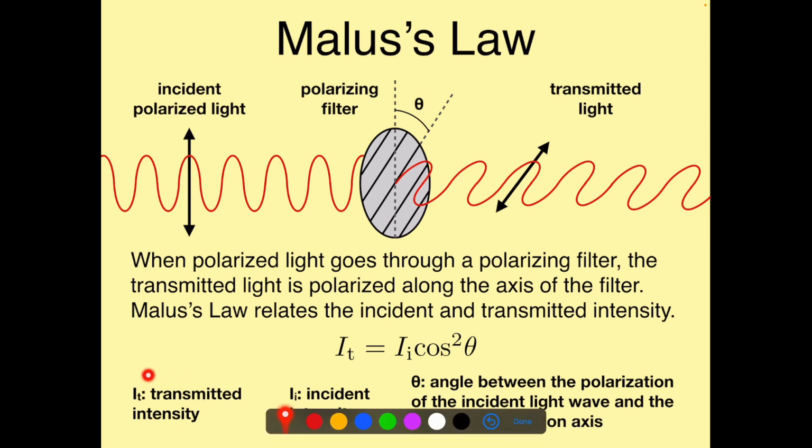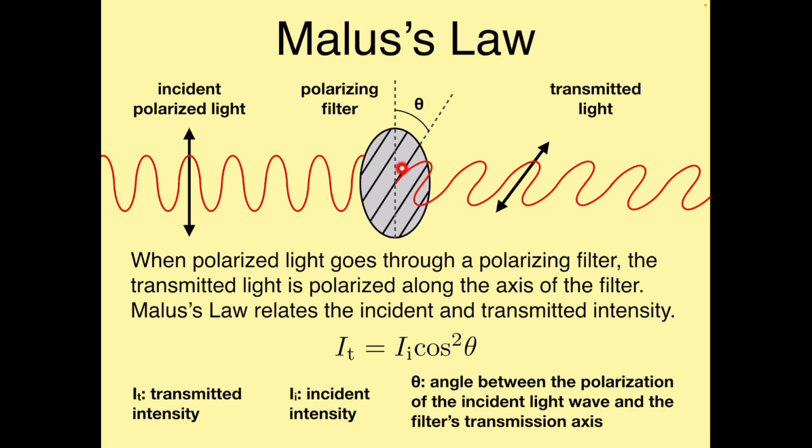Malus's law also tells us how to relate the intensity of these two waves. So I_T is the intensity of the transmitted wave, I_I is the intensity of the incident wave, and theta is the angle between the polarization of the incident light wave and the filter's transmission axis. So we have a certain direction of the polarization of the incident light wave.